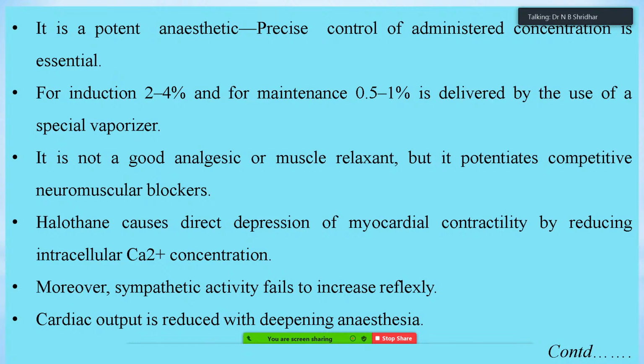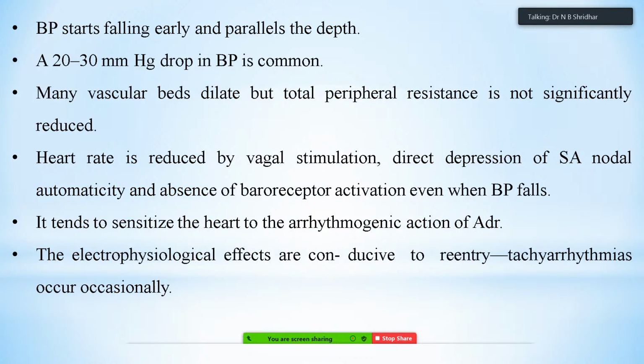Of course, the cardiac output is reduced with deepening of the anesthesia, and the blood pressure starts falling early and parallels the depth of the anesthesia. A 20 to 30 millimeter mercury drop in BP is a very common feature in the induction of halothane anesthesia.